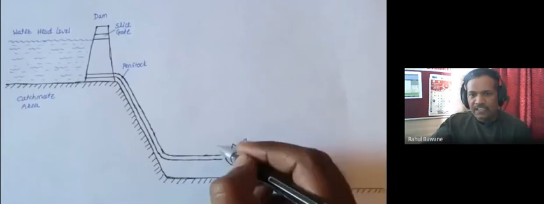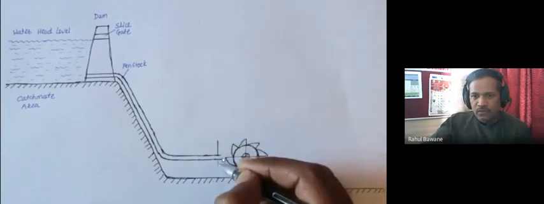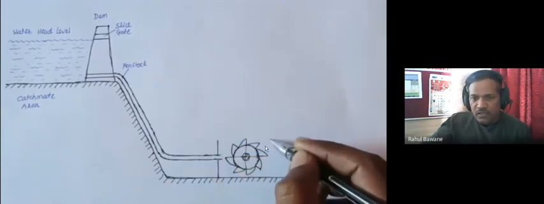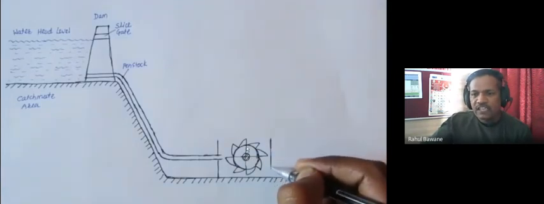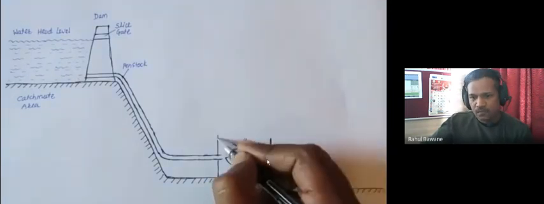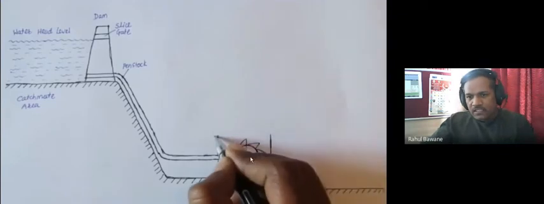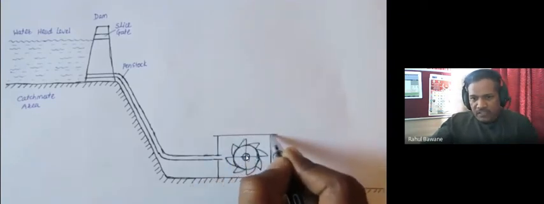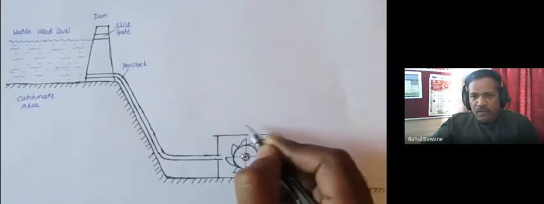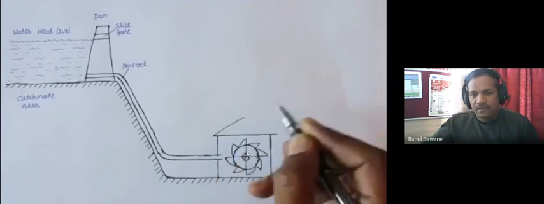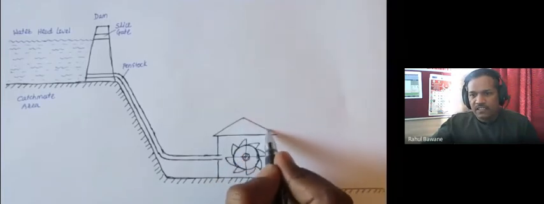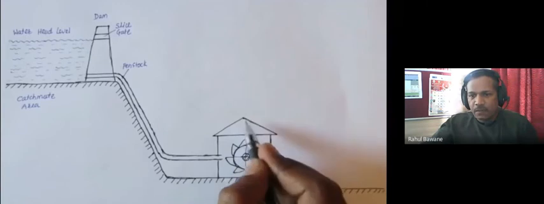It will collect the water, and due to that water energy, it will again rotate. So this turbine will continuously move. And this turbine shaft is rotating, so this shaft will be connected to a generator, and the generator will generate electric power.